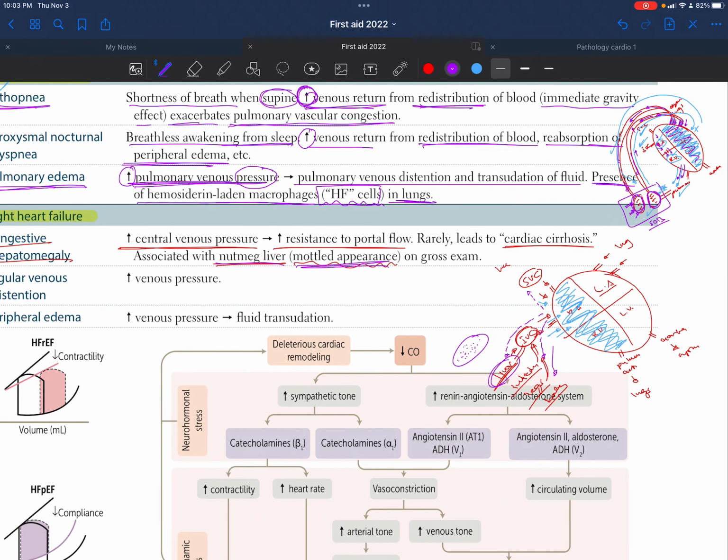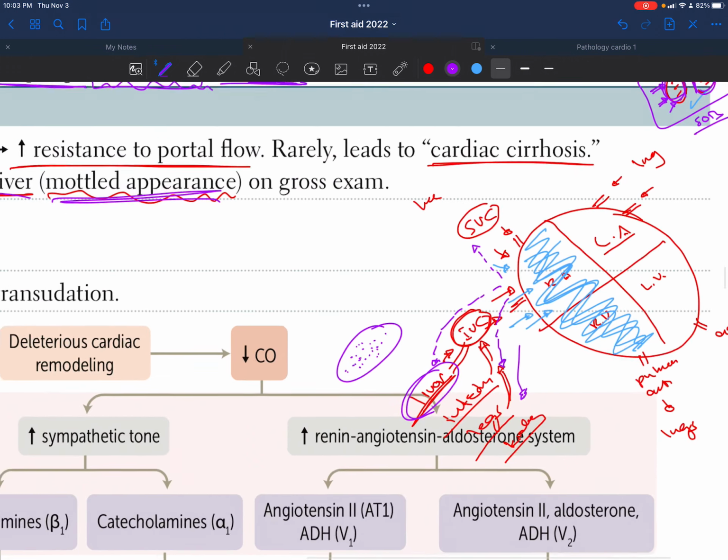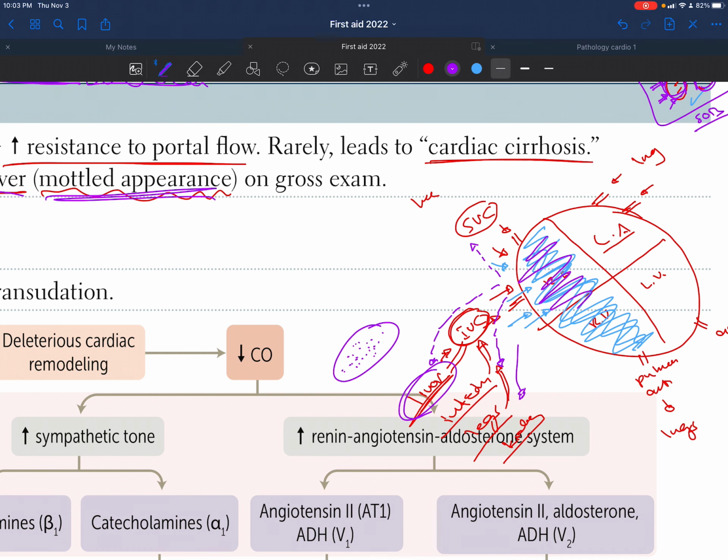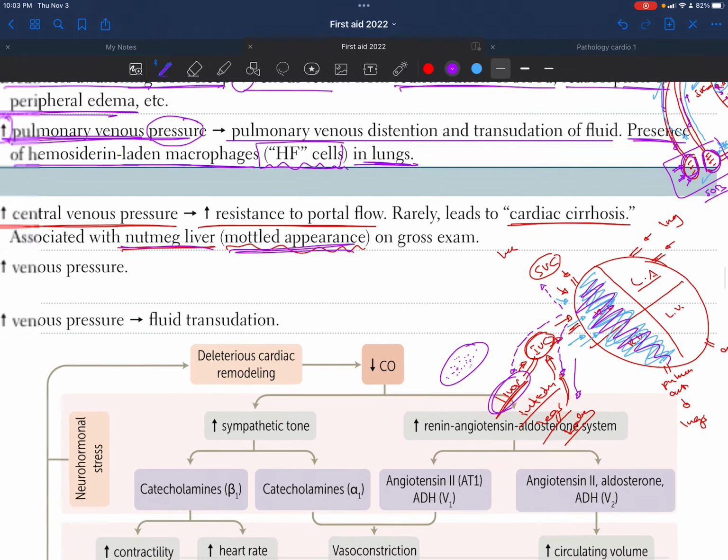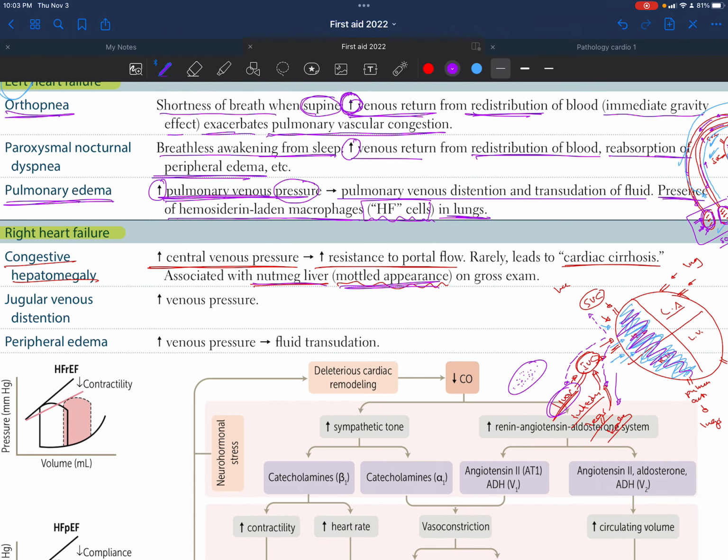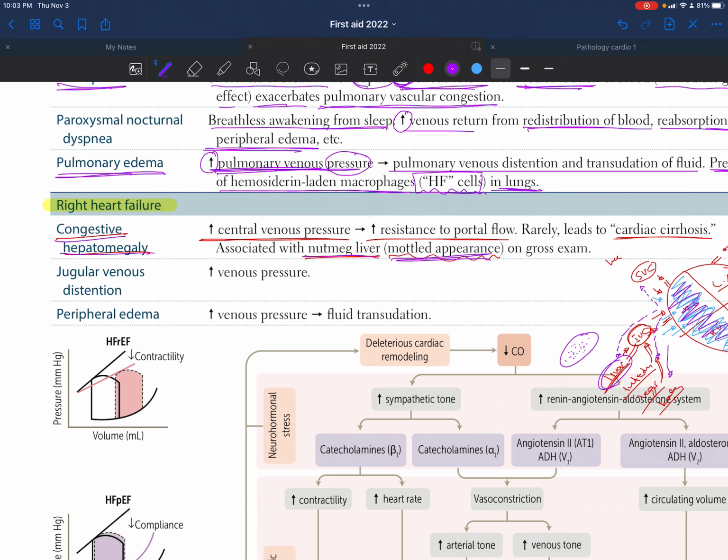It's called nutmeg liver, and it's due to the right side heart failure. So the blood cannot go easily into it and backs up into the liver, and this is what we have now. So that's what causes the congestive hepatomegaly.